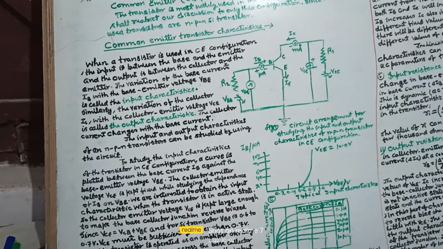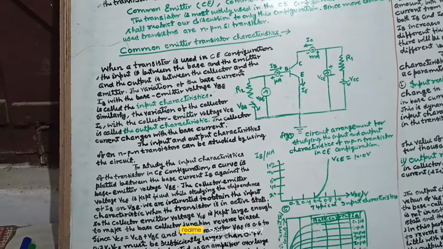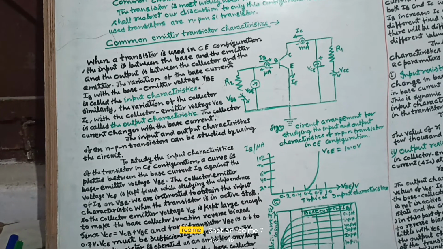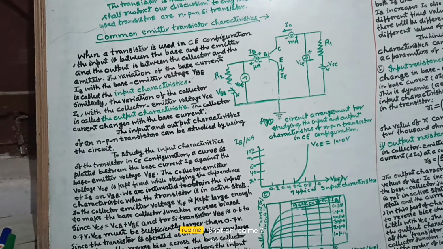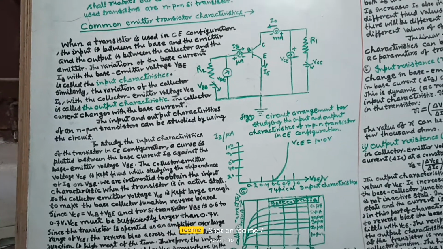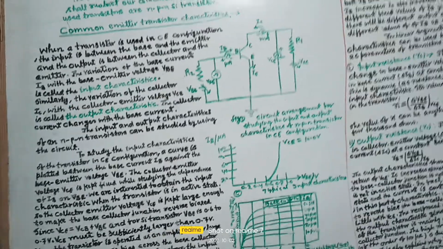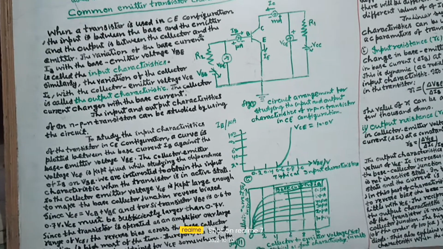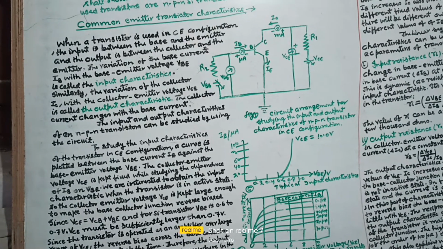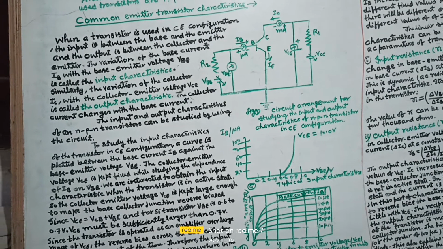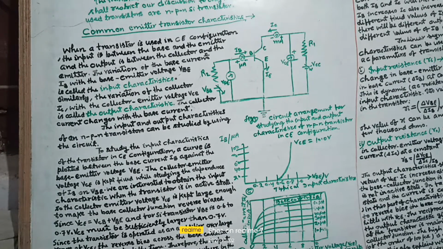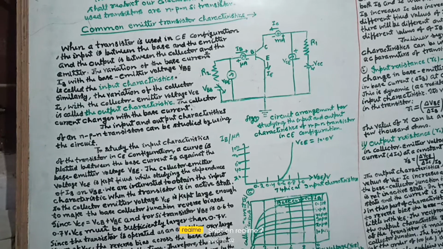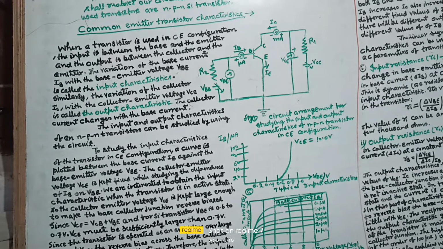To study the input characteristics of the transistor in CE configuration, a curve is plotted between the base current IB against the base emitter voltage VBE. The collector emitter voltage is kept fixed. While studying the dependence of IB on VBE, we are interested in obtaining the input characteristic when the transistor is in the active state.